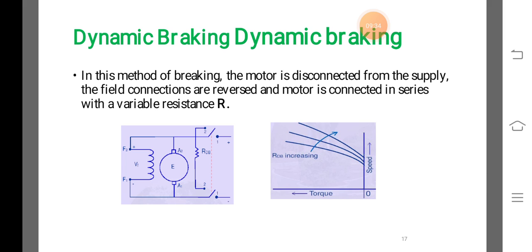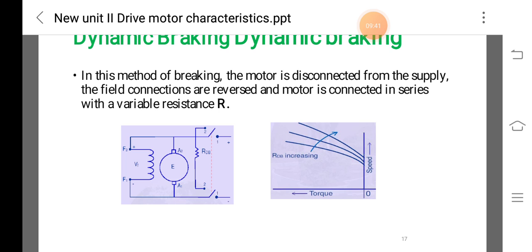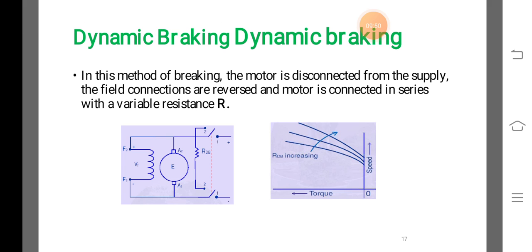This method is efficient in case of failure of electric supply. So these advantages make dynamic braking effective to use, and it is one of the most preferable and acceptable methods. Thank you.